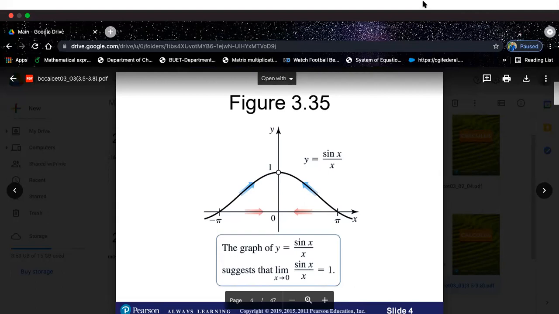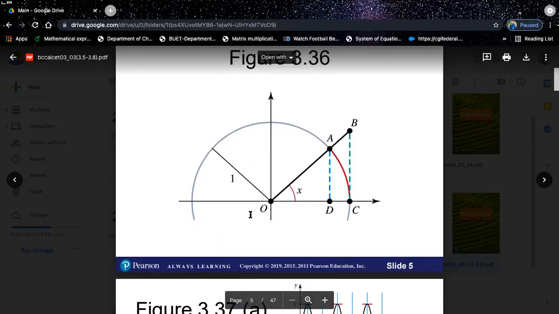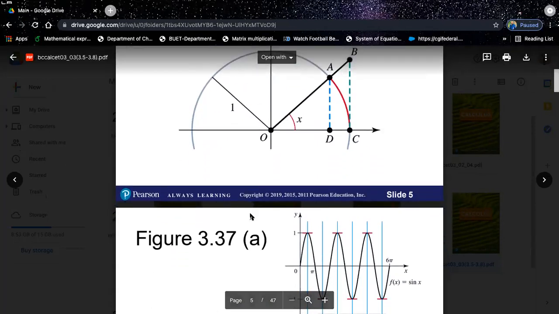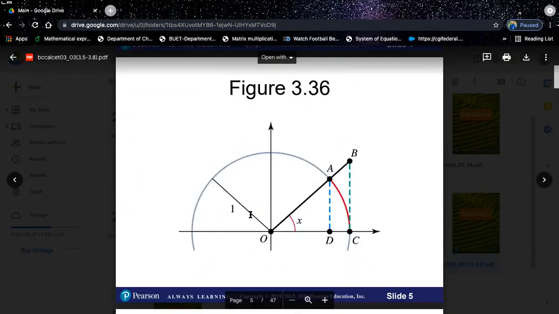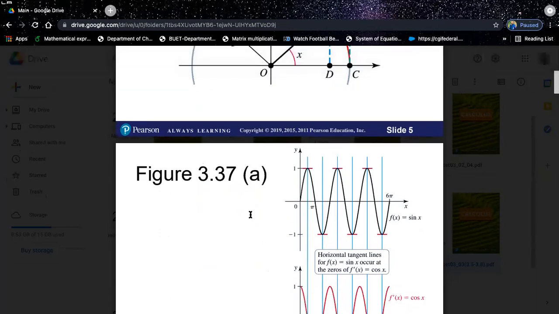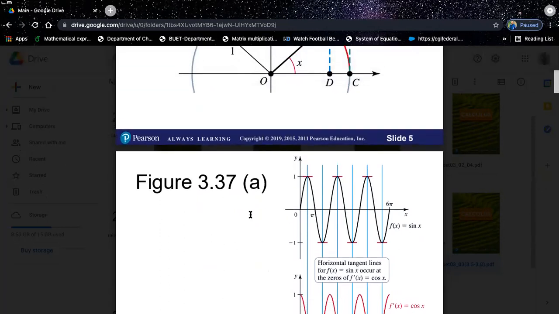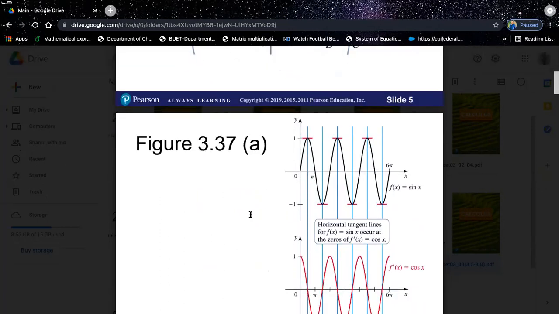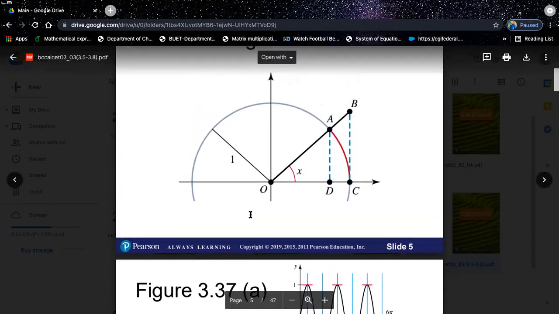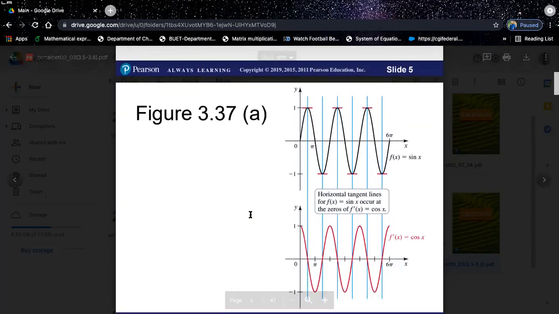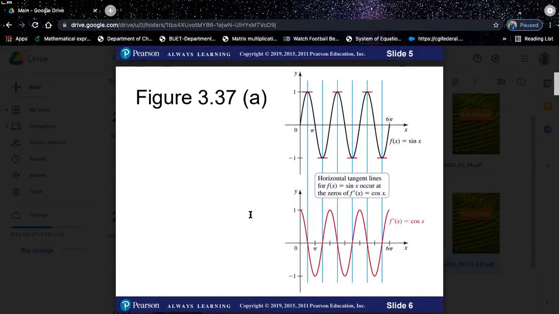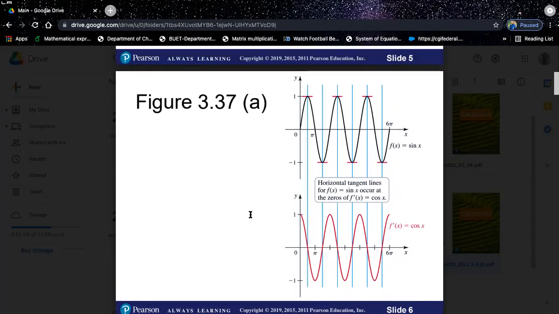Now, let's see what we have next. Let's take a look at this graph. As I said, if you remember, I actually revealed the secret a couple of minutes back.